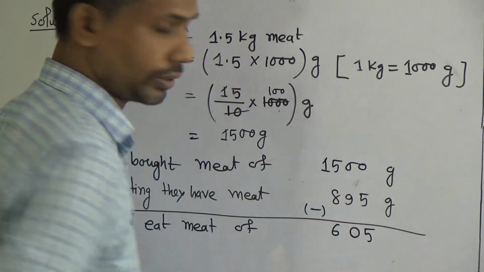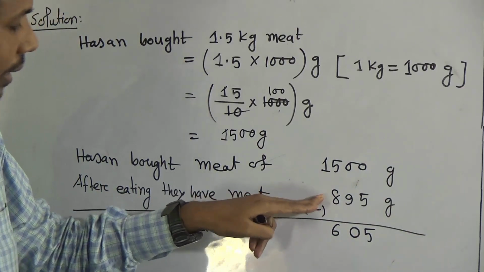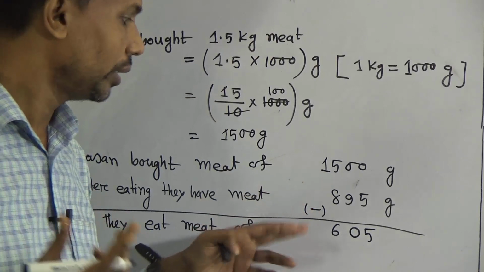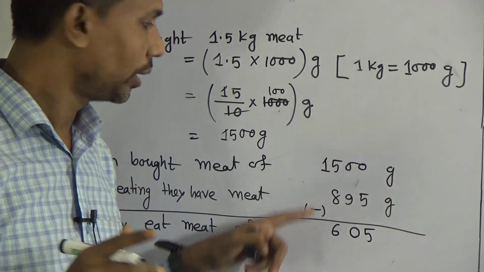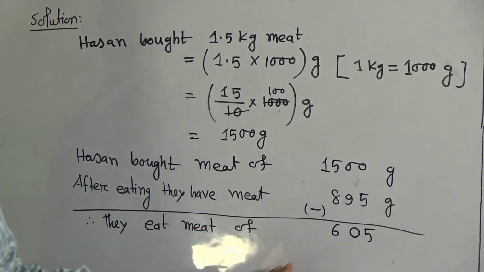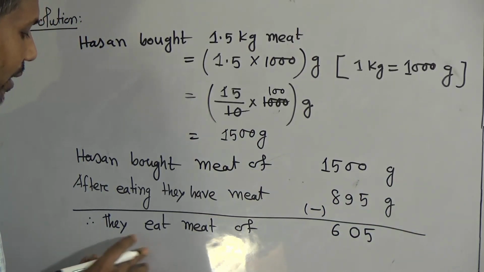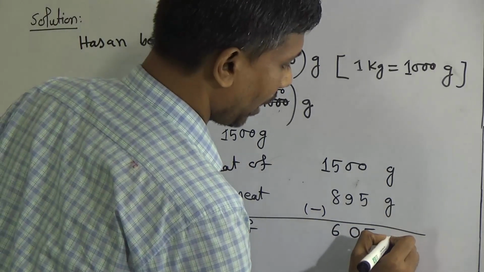Right here, 6. And you have 1 in your hand, add 1 here, so there is no number, so you have to consider 1, 0. 0 plus 1 equals 1. Now 1 minus 1 equals what? 0. So no need to write 0 here. Therefore they ate meat of 605 gram.